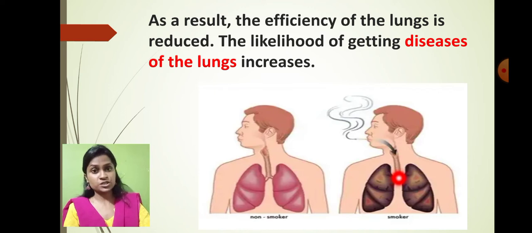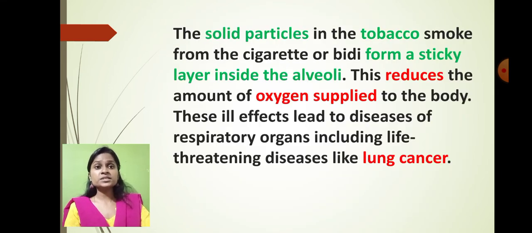Accumulation means what? Collection. So students, always remember, during smoking, what exactly happens? The solid particles present in the tobacco smoke from the cigarette or beedi form a sticky layer inside the alveoli. So this reduces the amount of oxygen supplied to the body.